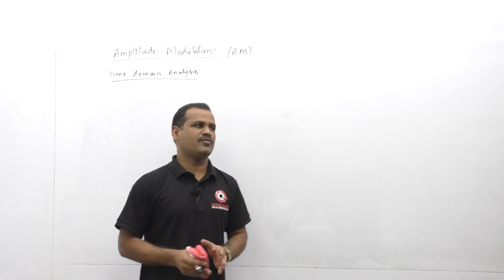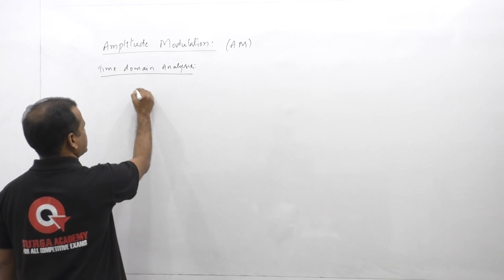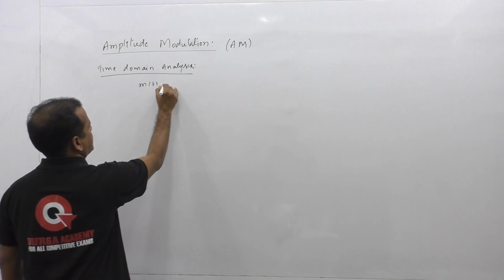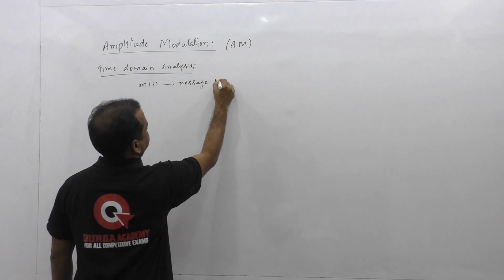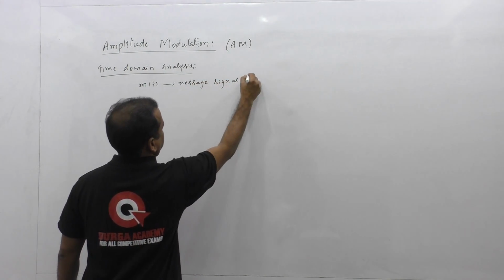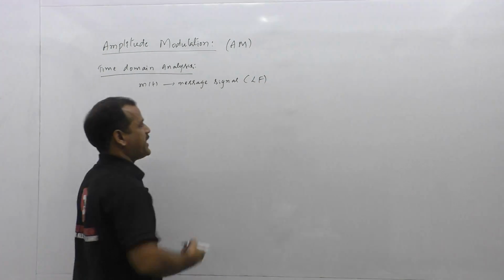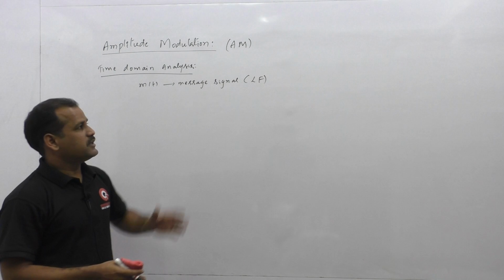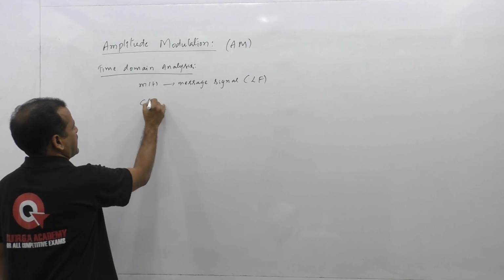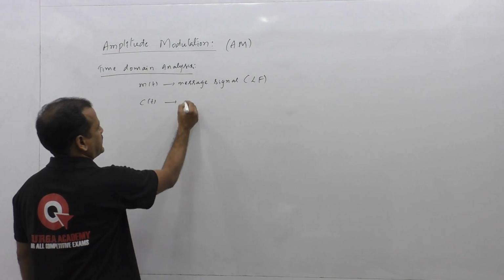In amplitude modulation, the message signal I am representing with m of t. This is the low frequency signal which is carrying information here. Next, the carrier signal c of t we are representing.